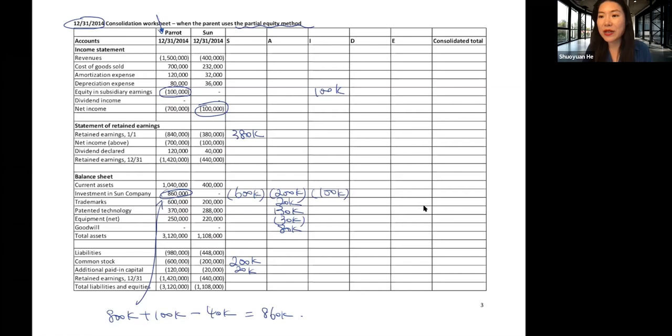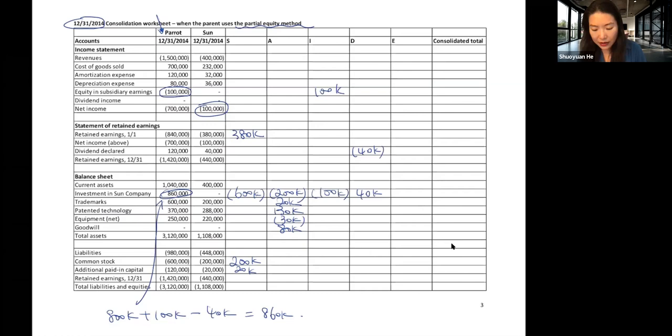Consolidation entry D, we use it to eliminate the intra-entity dividend payment. Specifically, we credit dividend declared by 40,000 and debit the investment account by 40,000. Consolidation entry E is the same as before.